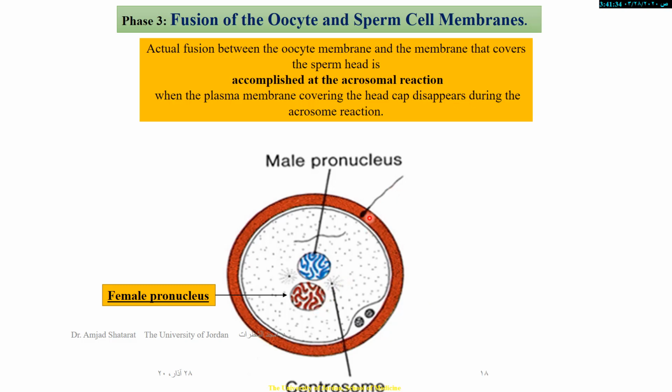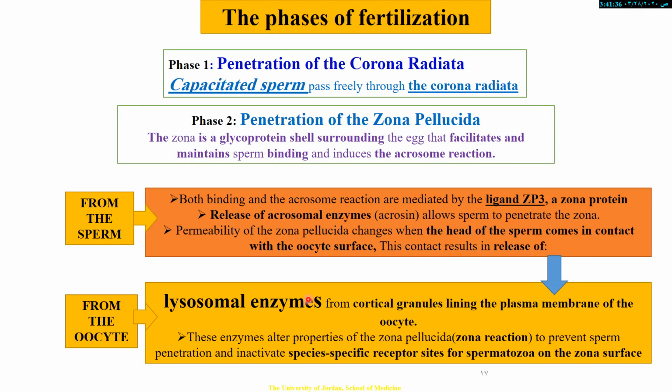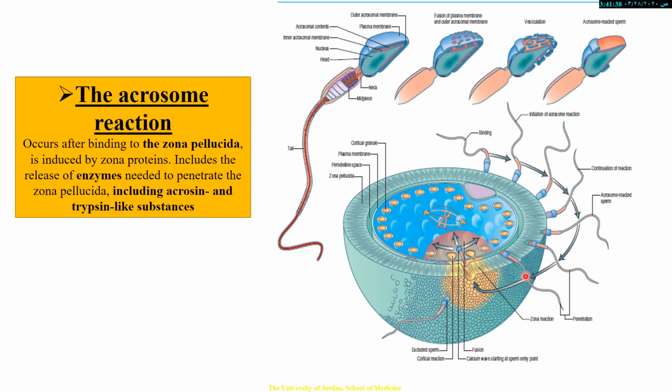It loses its tail. I think in this here it would lose its tail, and other sperms can't get inside, so only the nucleus of the sperm would get inside the oocyte.